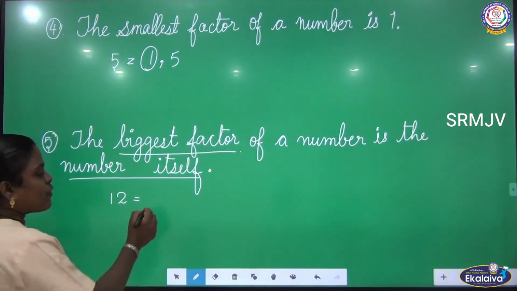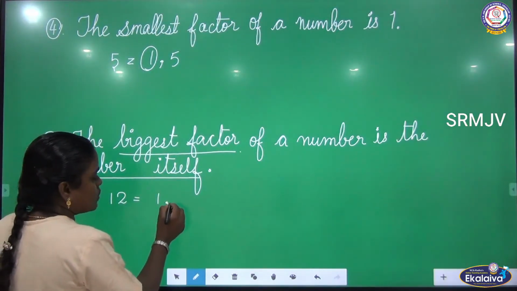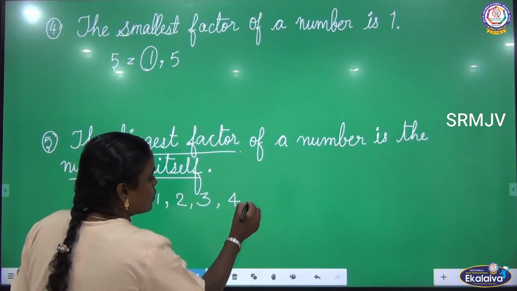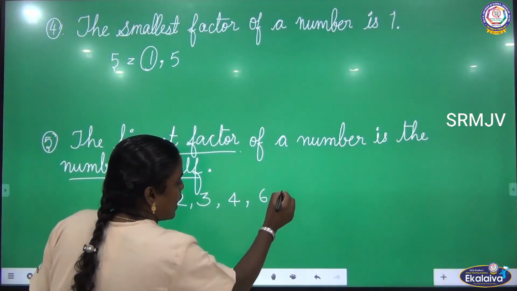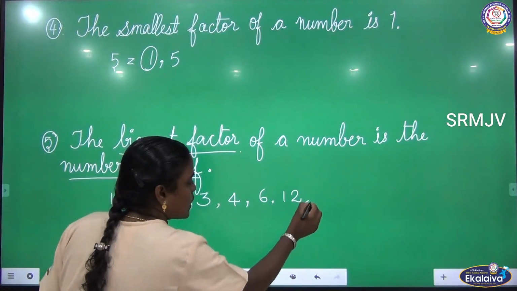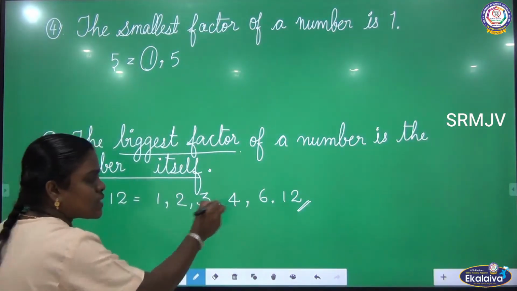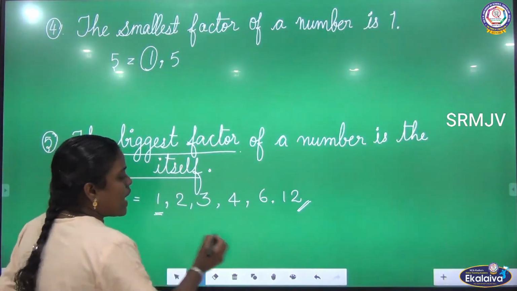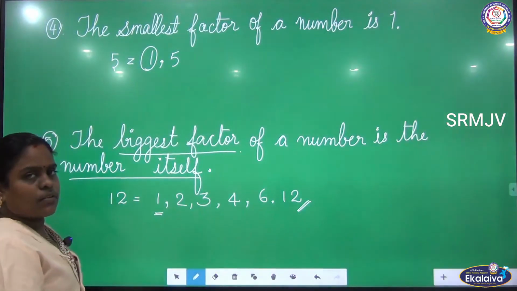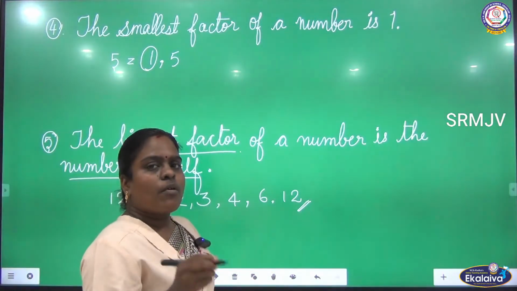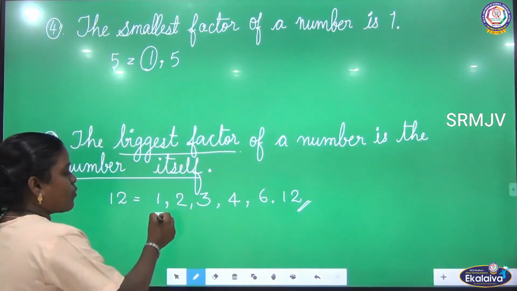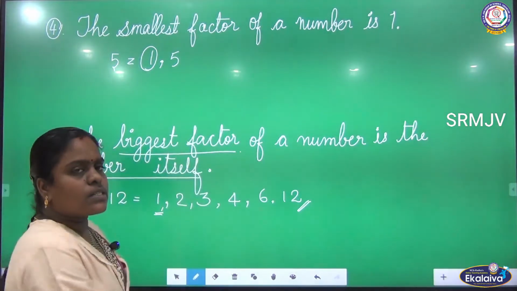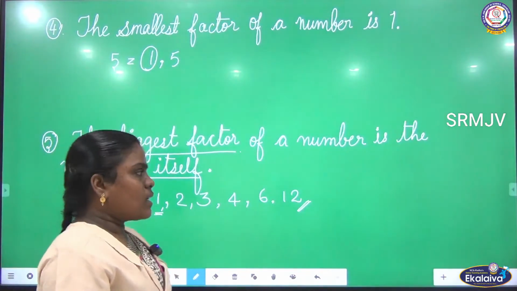The factors of 12 are 1, 2, 3, 4, 6 and 12. Listen, children, here the number itself is the biggest factor. So you should start from 1 and end with the number itself. That is the proper form of the factors. So 1 is the smallest factor and 12, the number itself, is the biggest factor.